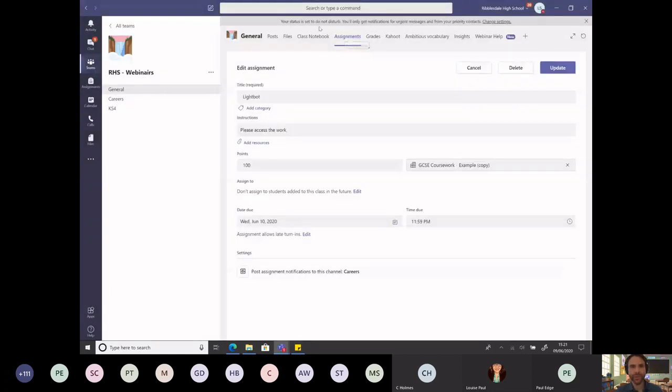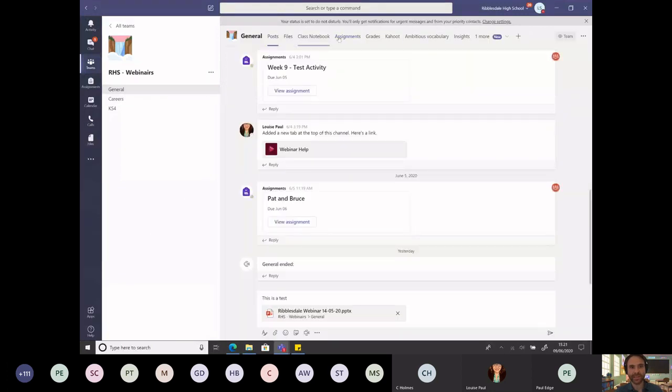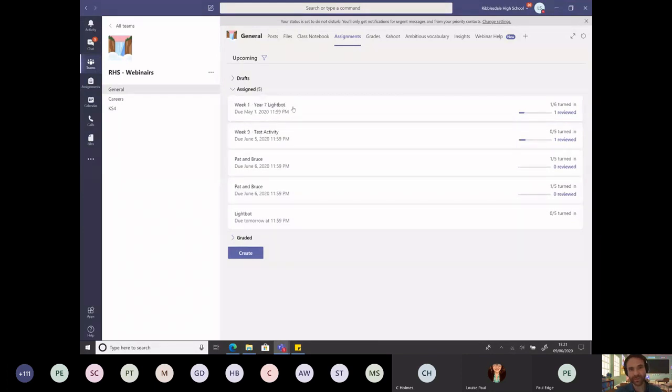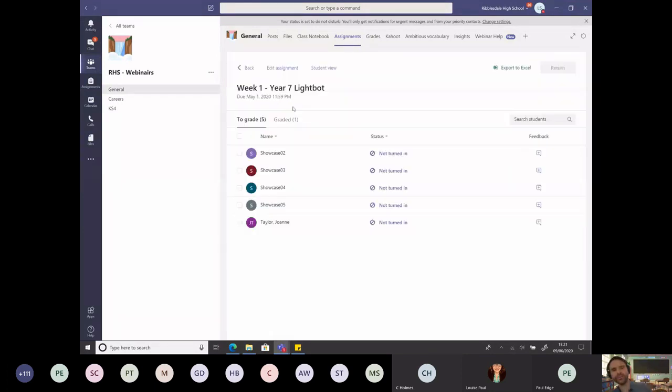Now, just to show you how that looks when you've actually set an assignment. If pupils have been working on these assignments, okay, let me see if there's more past assignments here. If I just click on this Lightbot one here, you'll see that we have several students.